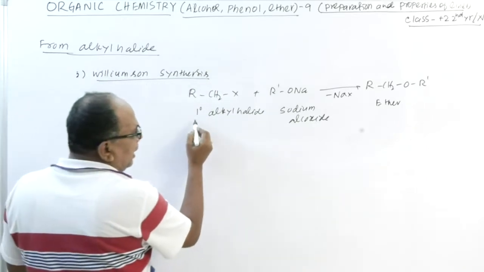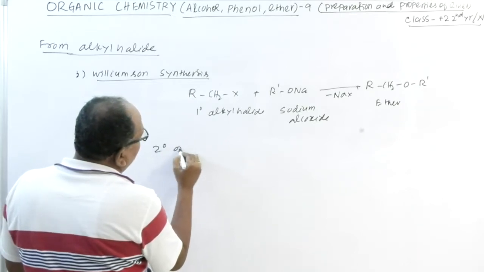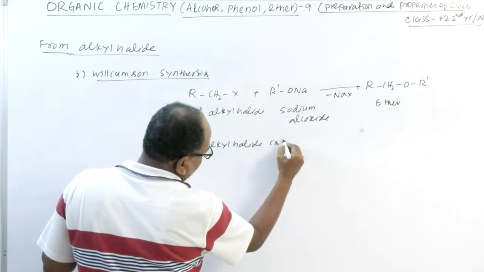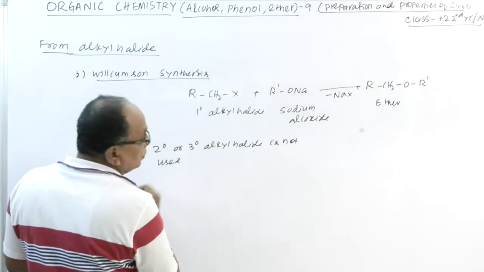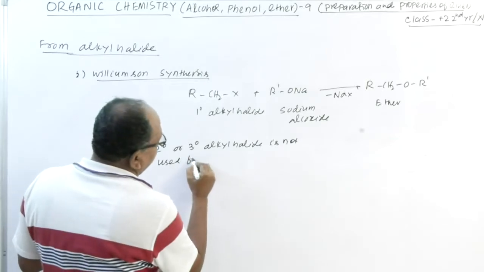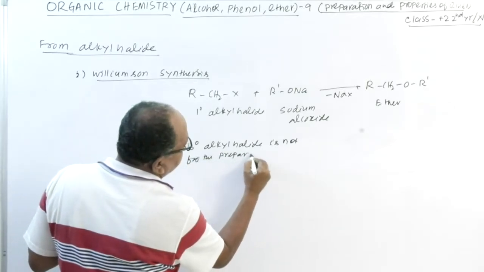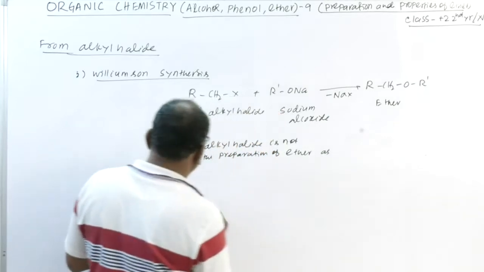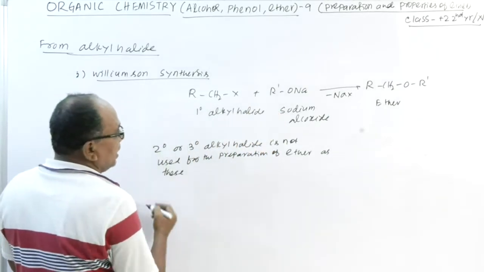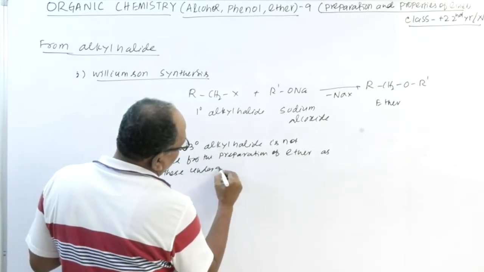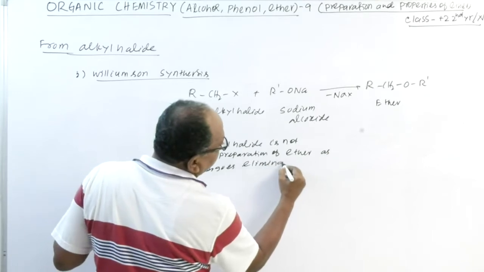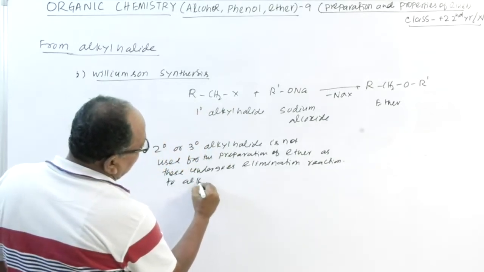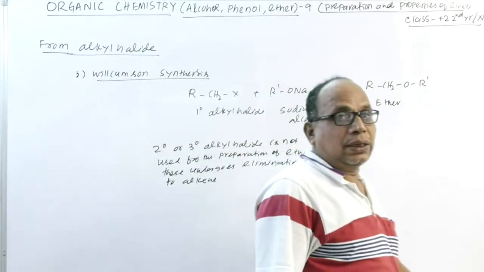And we will not take secondary or tertiary alkyl halide for the preparation of ether, as secondary and tertiary alkyl halides undergo an elimination reaction to form alkene rather than ether. It never forms ether.